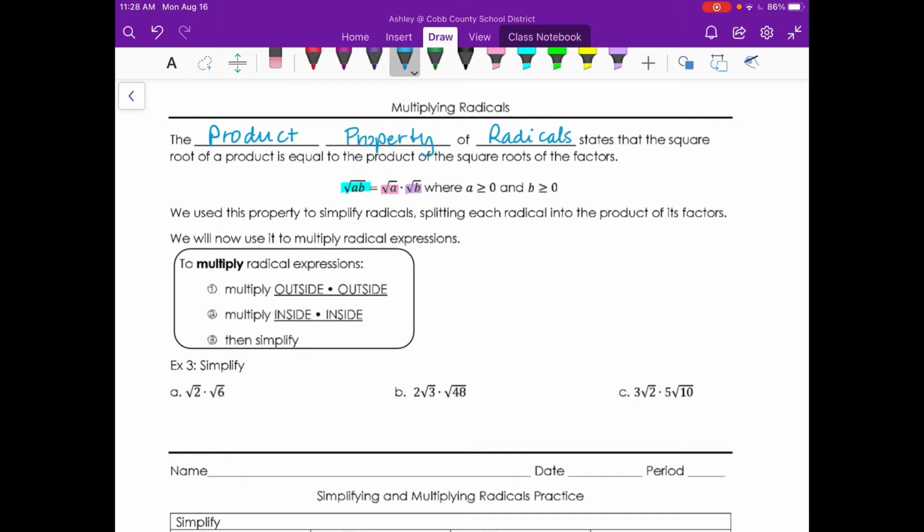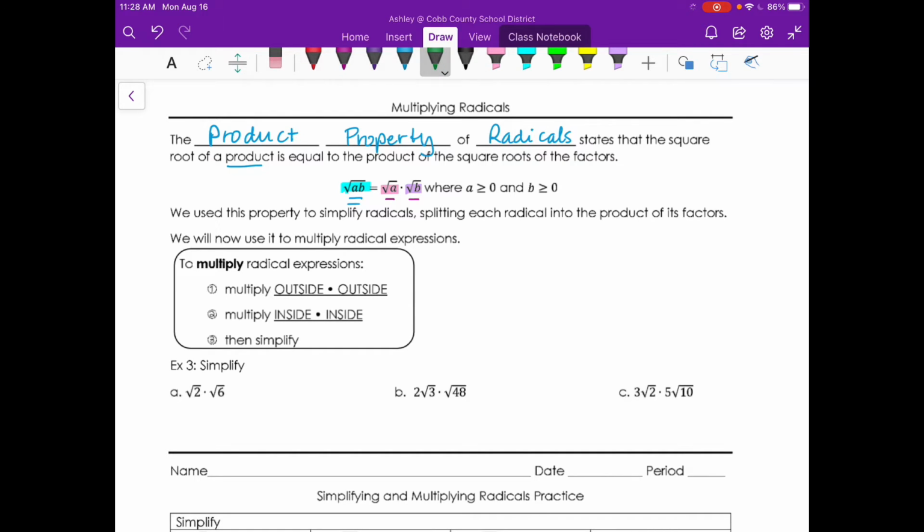It states that the square root of a product, for example, the product A times B, is equal to the product of the square roots of the factors. So those factors are A and B, and we have split them into the product of two square roots. This allows us to simplify radicals.